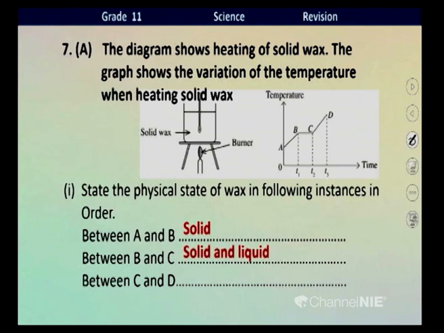Then at C, melting is completed. All the solid wax has melted, and after that, in the time period between C and D, children, the physical state of wax must be liquid only. Right.